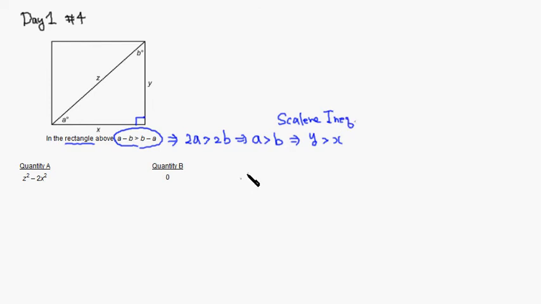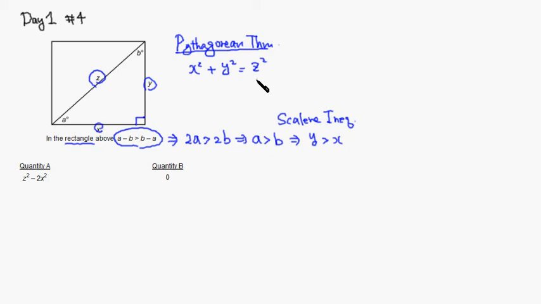All right. So once you have that, then we can compare this. By Pythagorean theorem, we also know that x squared plus y squared is equal to z squared, right?